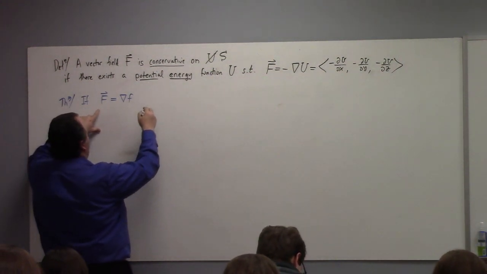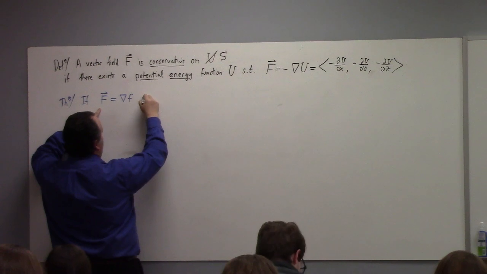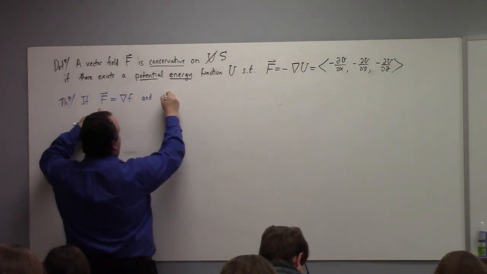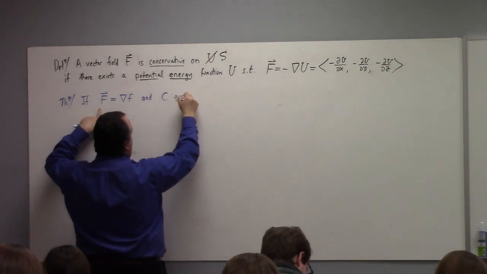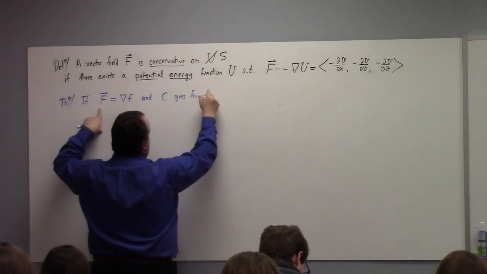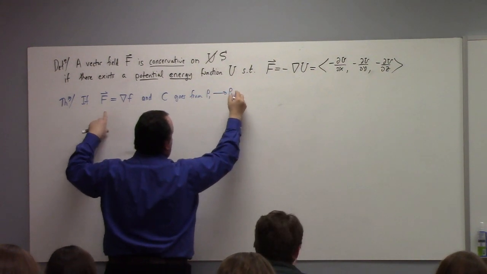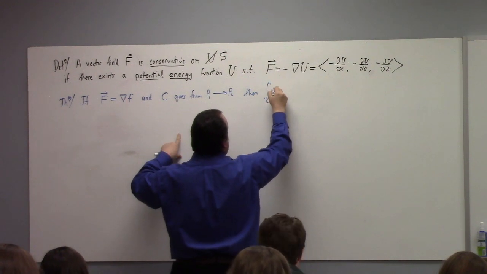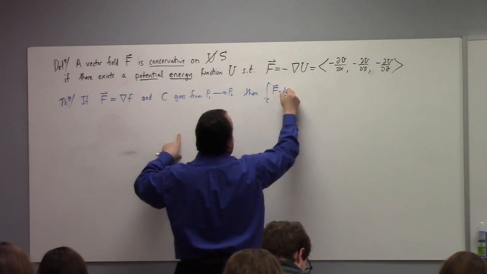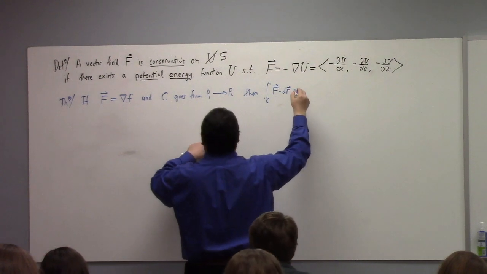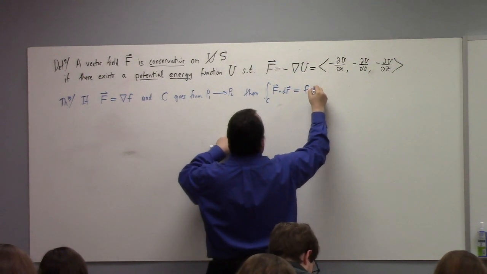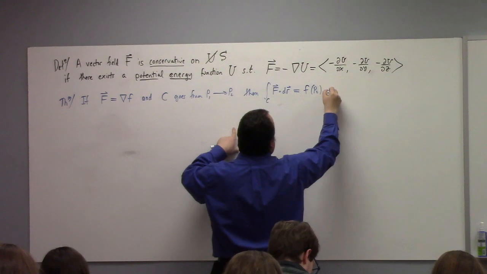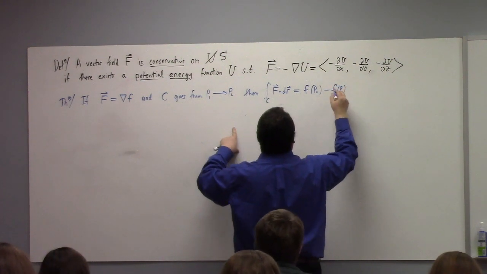But if F is the gradient of f and c goes from, say, point P1 to point P2, then the integral along c of F dot dr is equal to simply f of P2 minus f of P1.